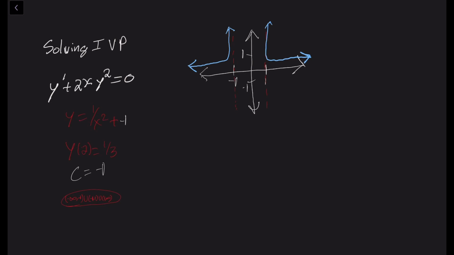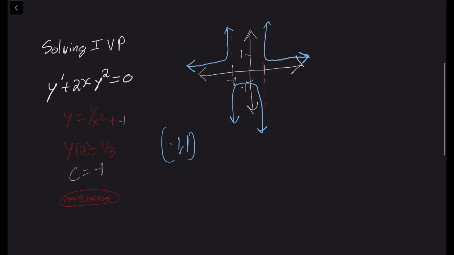And now the third section is going to be -1 to 1. Now this is going to be below the x-axis, and it's going to span our third and fourth quadrant. Now we know that this is the case since plugging in, say, 0 into the equation is going to give us a negative value in the denominator, thus y is going to be a negative value.